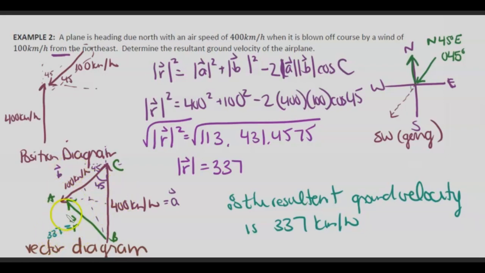Now we have all three sides, and what we want to do is find this angle here so that we can tell the direction that our resultant vector is going.